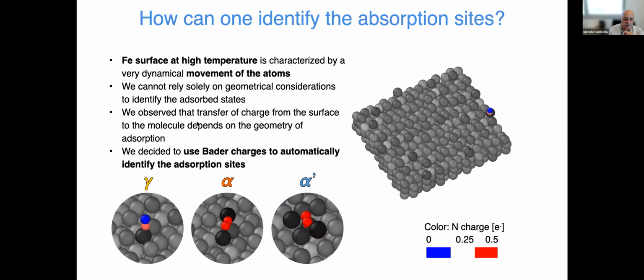We can do that by looking at how much charge is transferred from the iron into this molecule. So you see here, with the color, we indicated that a lot of charge has been transferred here, there is more charge here, and even more charge here. So if we look at these charges, we can identify unambiguously the absorption site without having to rely on geometrical considerations.